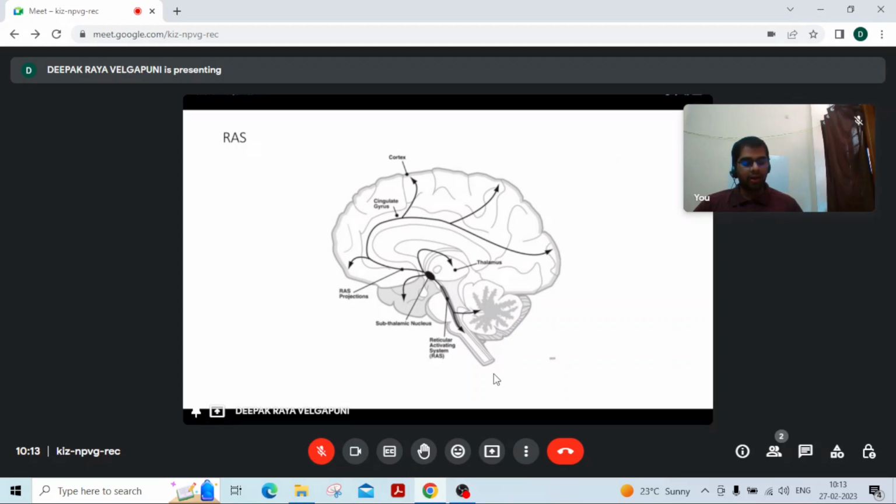Unlike the LGN, which has point-to-point connections, a point in the retina projecting onto a point in the visual cortex, this reticular activation system has diffuse projections from the thalamus. So the thalamus has two types, diffuse and point to point.